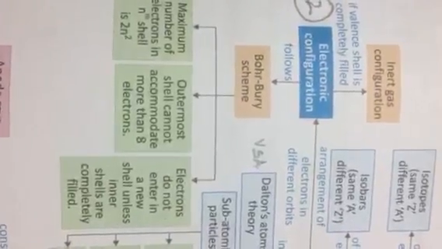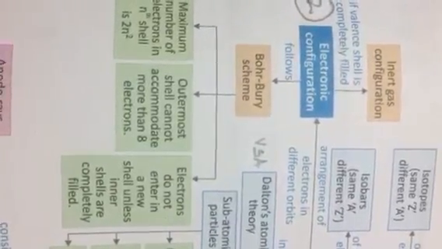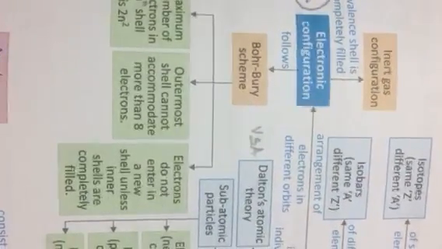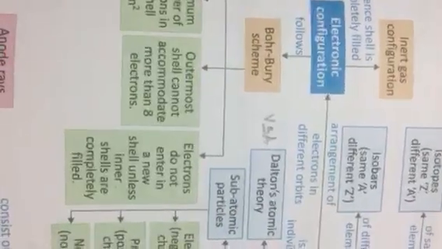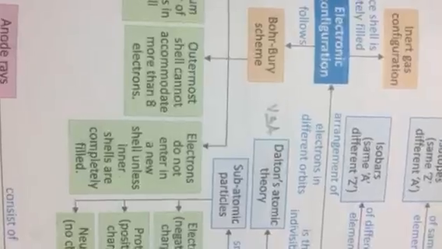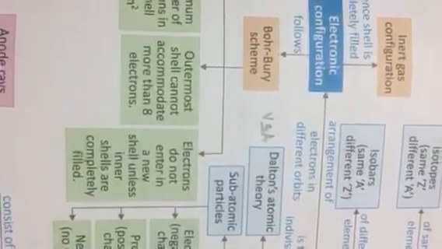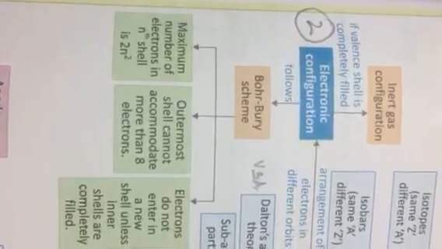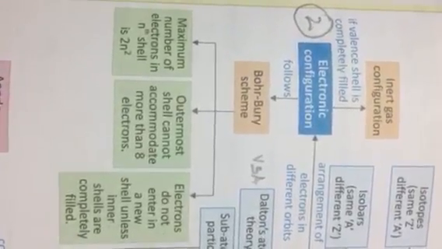And the second one is, outermost cell cannot accommodate more than 8 electrons. That is a rule. Then electrons do not enter into the new cell unless inner cells are completely filled. Otherwise, this electronic configuration can be understood.